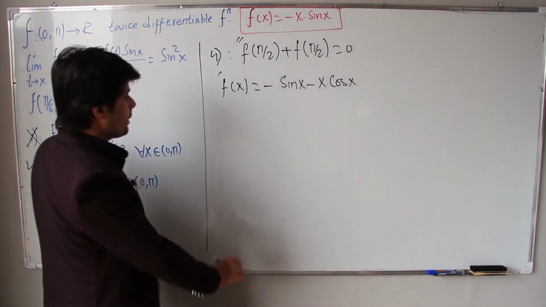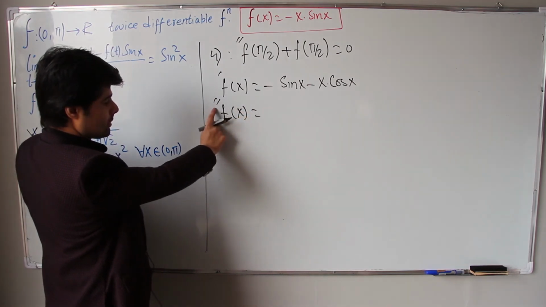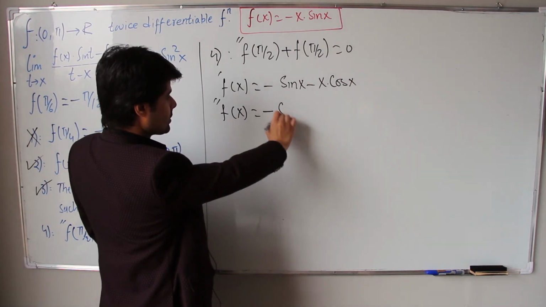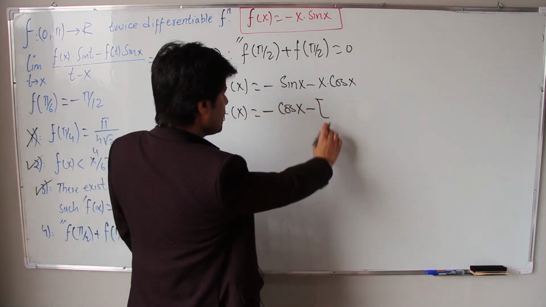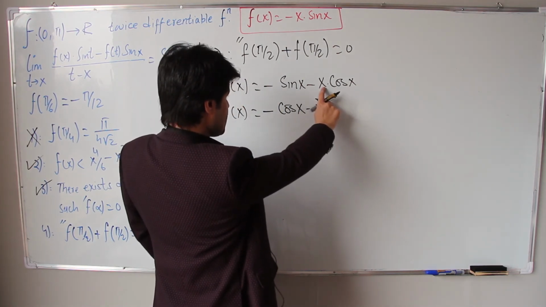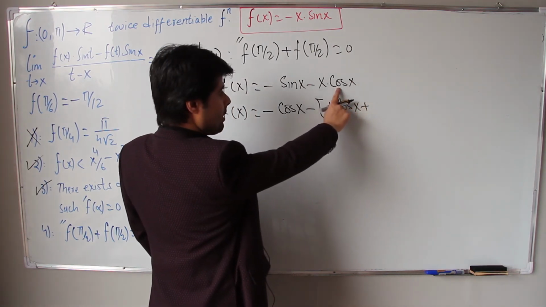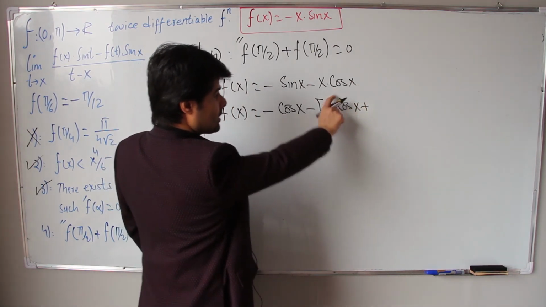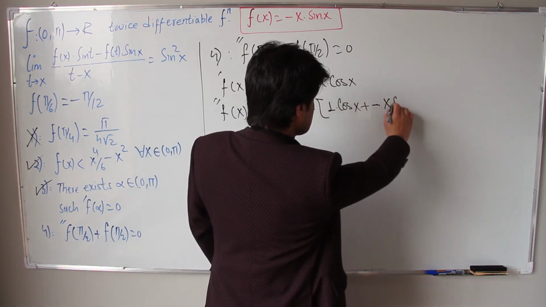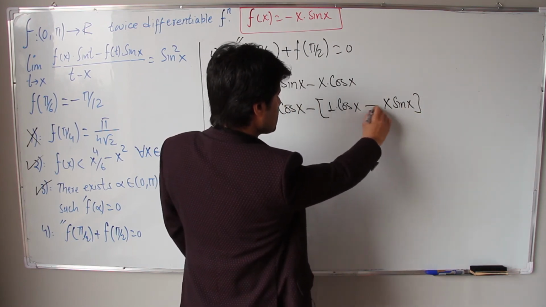Am I right or no? Now the second derivative, f second prime of x, is minus the derivative of the sine, it's cosine x, minus, this is the uv case. Then we have x prime, it's 1 times cosine x plus cosine prime, it's minus sine x times x, and this plus with this negative, it's minus.